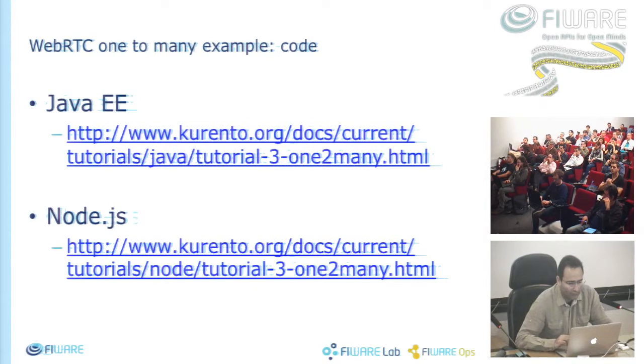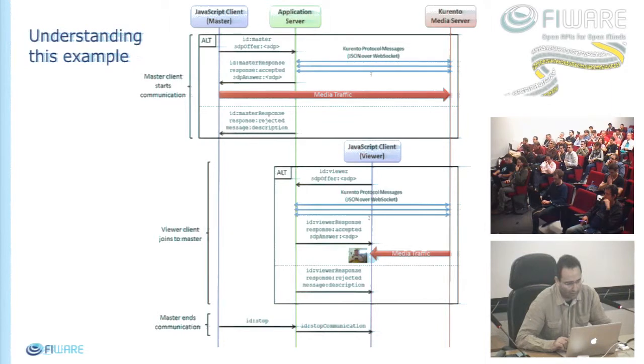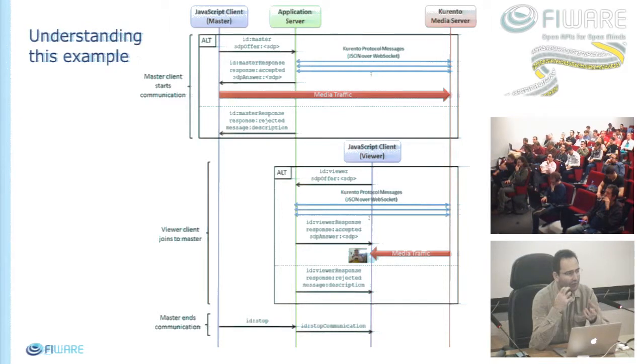So the code for this is here. You can also find it in the GitHub Kurento repo. And basically the call flow is depicted here. Again, there are a lot of lines over there, but the interesting part is that in this application, there are two types of users.